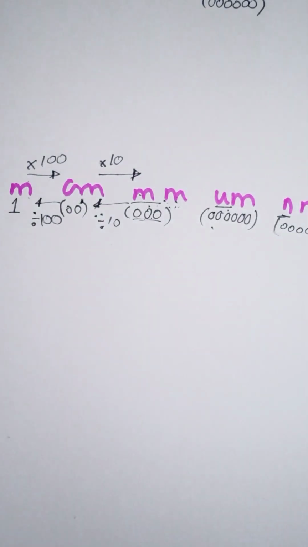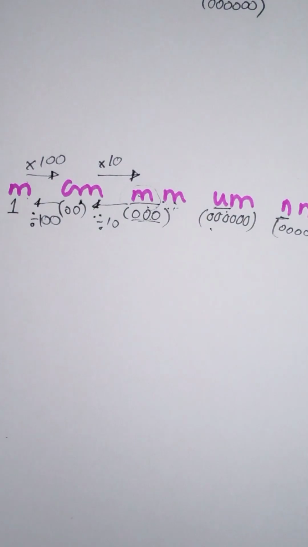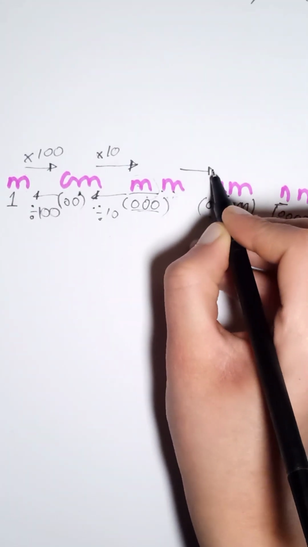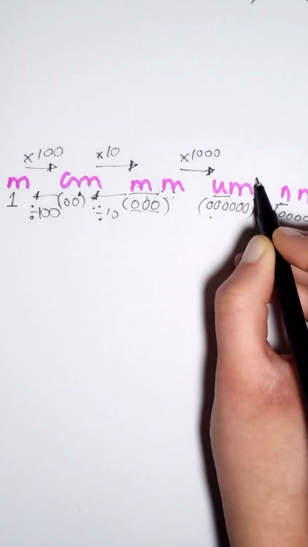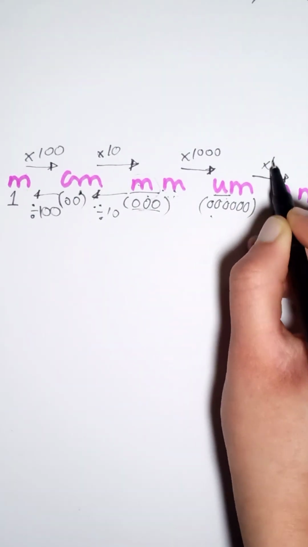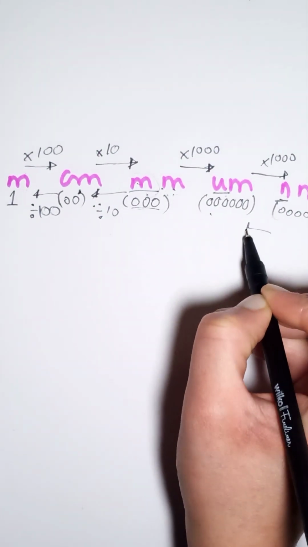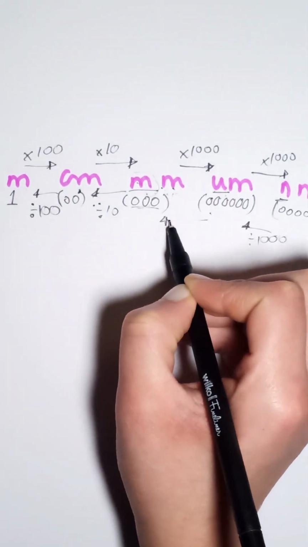Because millimeter means 1,000, to convert into a smaller unit we multiply by 1,000, and also to this we multiply by 1,000, and for these we divide by 1,000 and divide by 1,000.